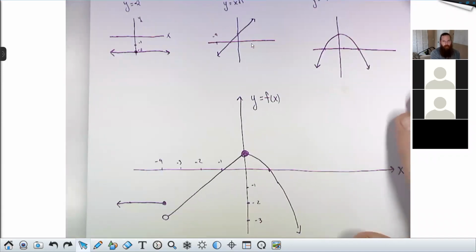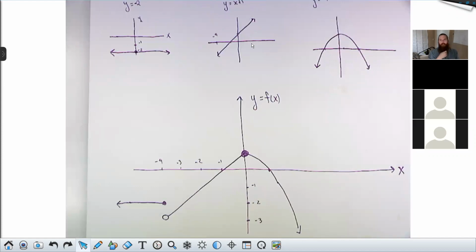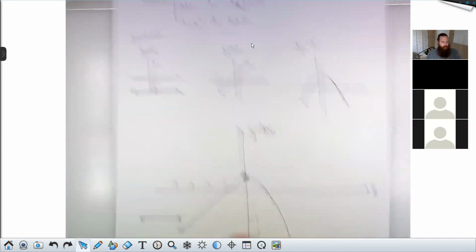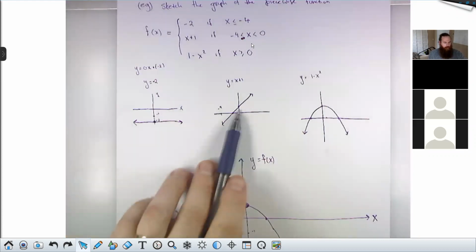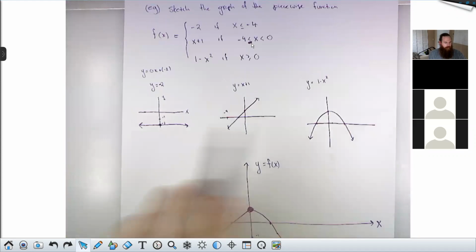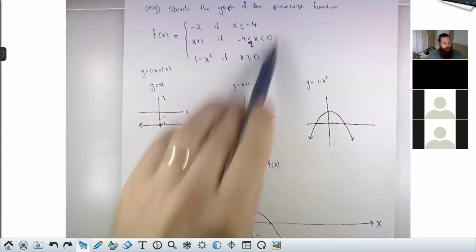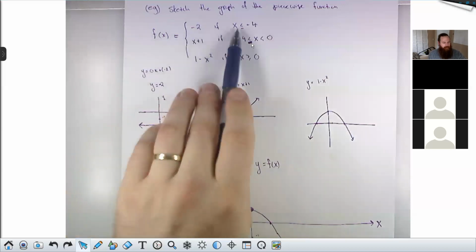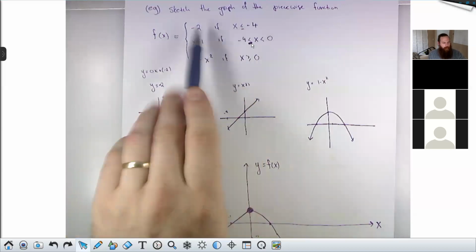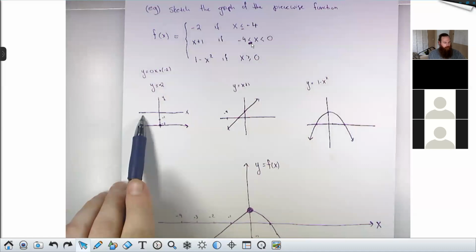Yeah, what else are we thinking? Can you go over it just one more time? Because I'm kind of lost a little bit. Yeah, so what we did there is I drew the graph of each of these pieces on their own. And then I just took the parts of those graphs that this function told me to use. So this function said, okay, if x is less than or equal to -4, behave like the line y equals -2.